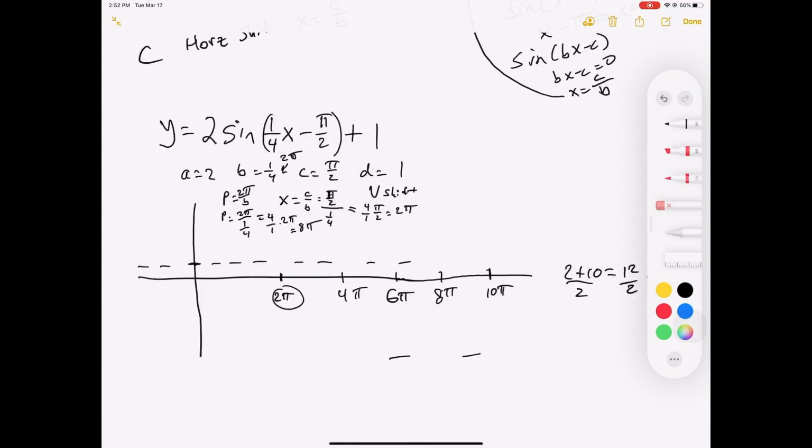Yeah, let's clean all this stuff up. So we know where we're going to start and where we're going to end. We have a halfway mark. Okay. I'm going to make that D value just a little nicer and mark it all the way out. Okay, we did D for our vertical shift.